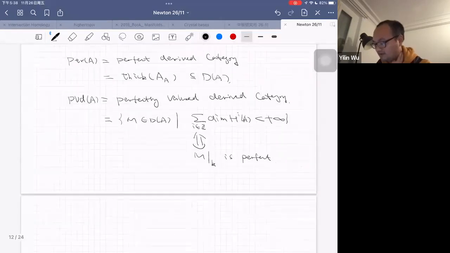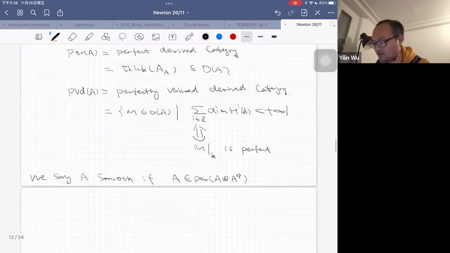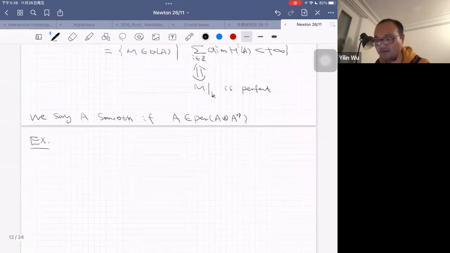Then we can define: A is smooth if A as a bimodule is perfect. For example, the two DG algebras we constructed are smooth.